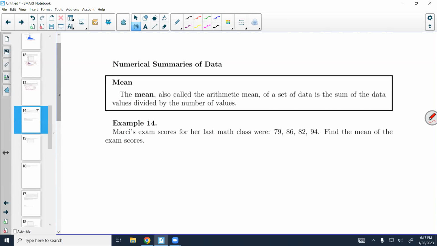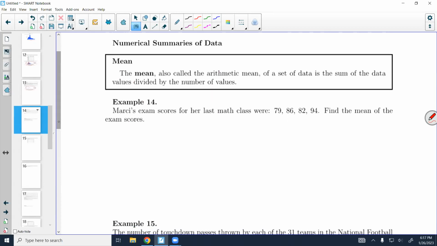So now we can do some quantitative data. First thing we're going to learn is called the mean. The mean, also called the arithmetic mean, of a set of data is the sum of the data values divided by the number of values. In other words, there's a dirty word in statistics called average.